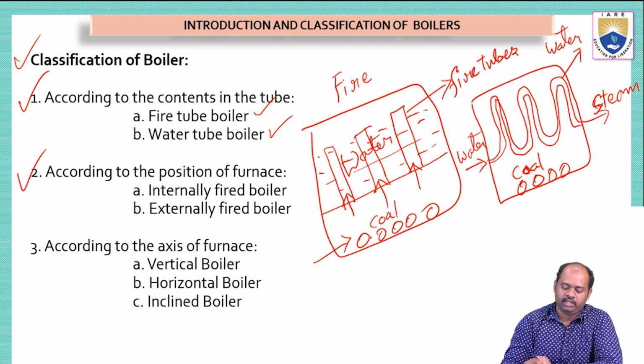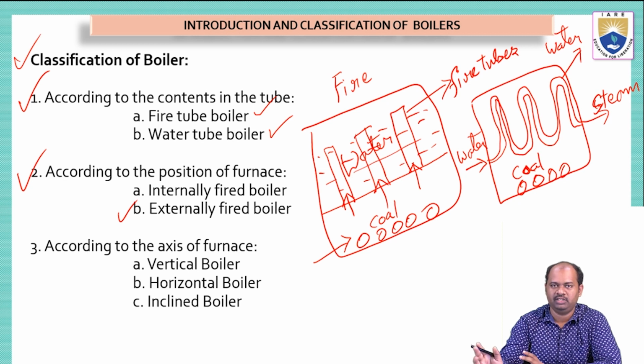If the chamber where we are combusting the coal is open to the atmosphere, then it is called an externally fired boiler. That is the simple difference between these two. Internally fired means the coal is made to burn in a closed chamber. When it is open to atmosphere, it is called an externally fired boiler.